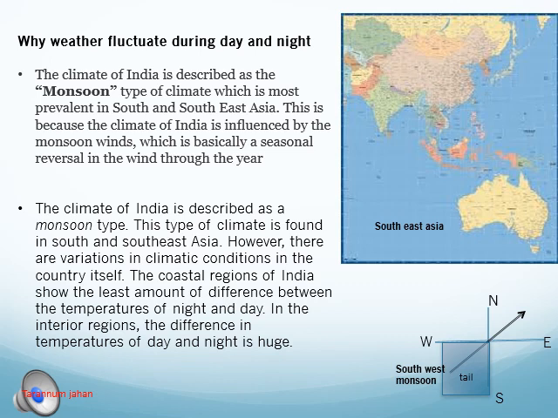We are going to use this term, so I want you all to be very clear how we call it a southwest monsoon, a northeast monsoon, a southeast monsoon or a northwest monsoon. This is how we work it out. Wherever the tail of the wind is, we give the name according to that. Here the tail is toward the south and west, so we call it the southwest monsoon.